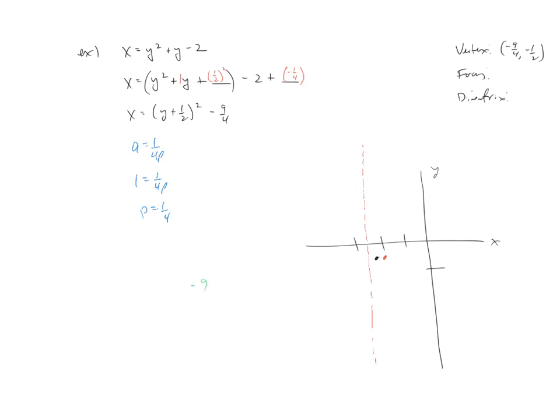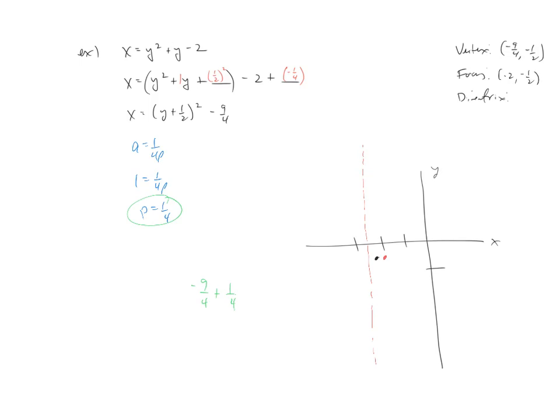We're at negative 9/4. If we add 1/4, if we add the distance of p, that's going to give us negative 8/4, which is going to be negative 2. So our focus here would be at negative 2, negative 1/2.